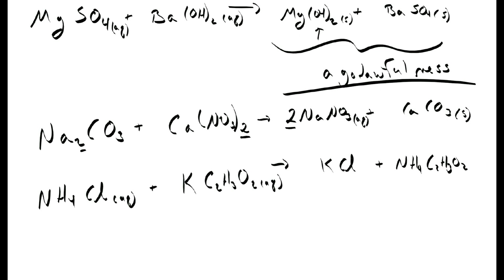And let's look at our solubility rules. Potassium is an alkali metal. Chlorine, or chloride I should say, is a halide. Potassium is always soluble. Chloride is almost always soluble. It hasn't encountered one of its exceptions, so this is aqueous. And then both ammonium and acetate are also amongst our always soluble, so this is likewise aqueous. So what we have right here is no reaction.